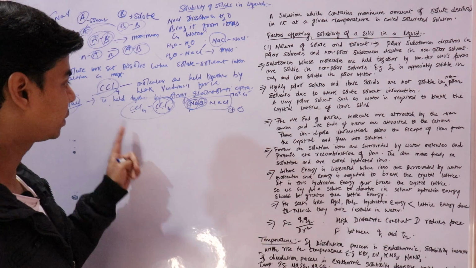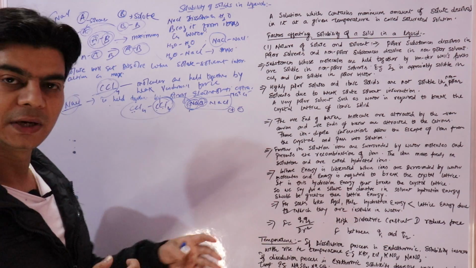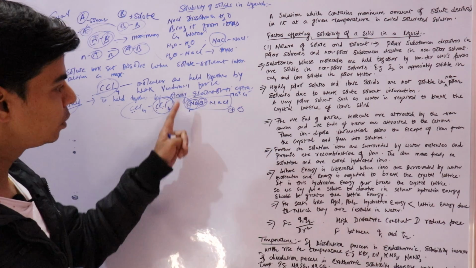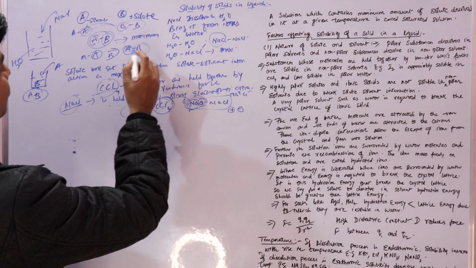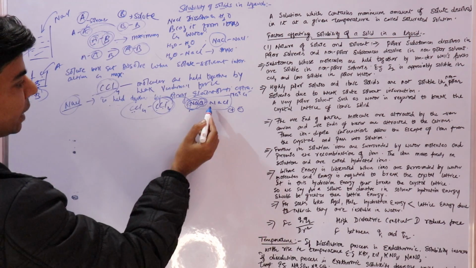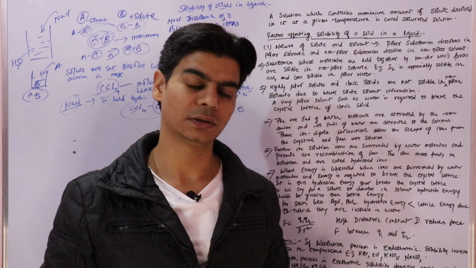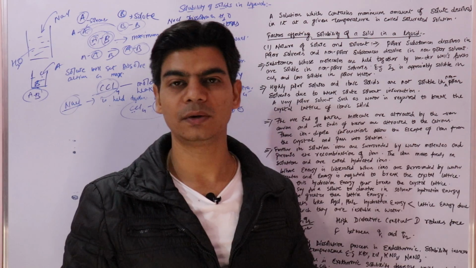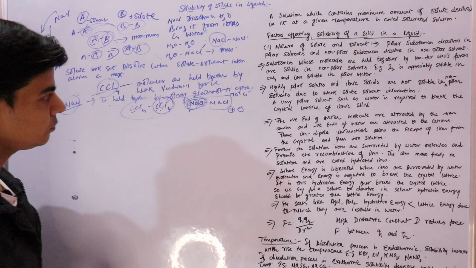Since carbon tetrachloride does not have positive and negative charges, sodium chloride would not be able to interact with it. So this AB solute-solvent interaction is very weak, and carbon tetrachloride would not be able to dissolve sodium chloride in it.